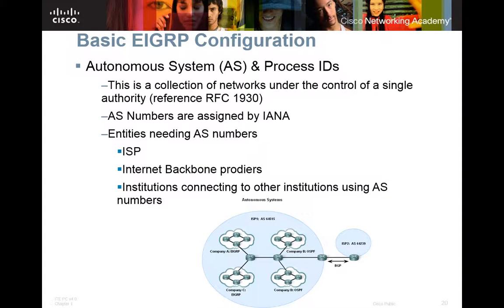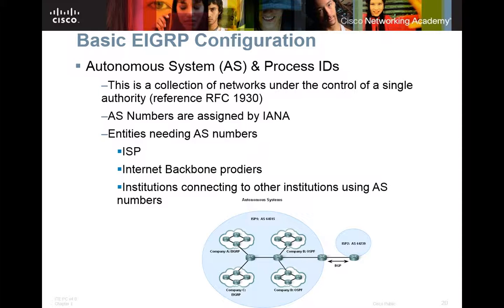The autonomous system and process IDs. Basically, it's just a specific number that you refer to for that ISP or a different area. You're just giving it a number. All right. It's easier to identify. I want to send a summary route to this autonomous system. It's like a virtual environment. Does that make sense to you?